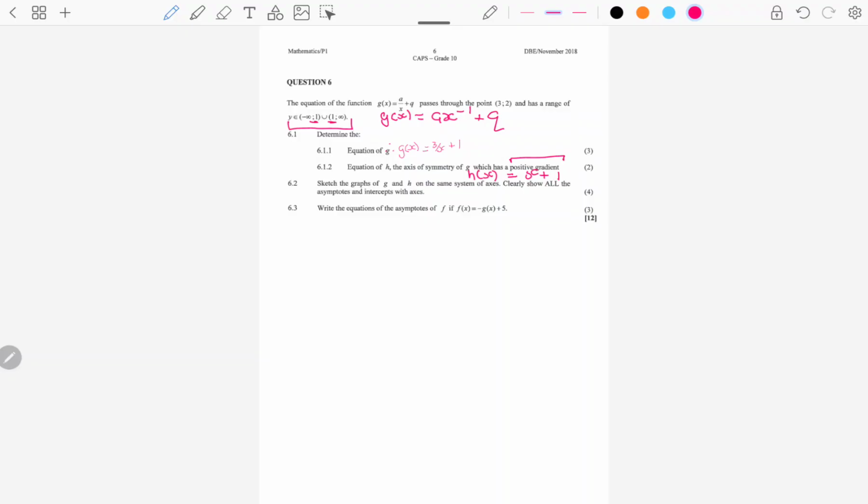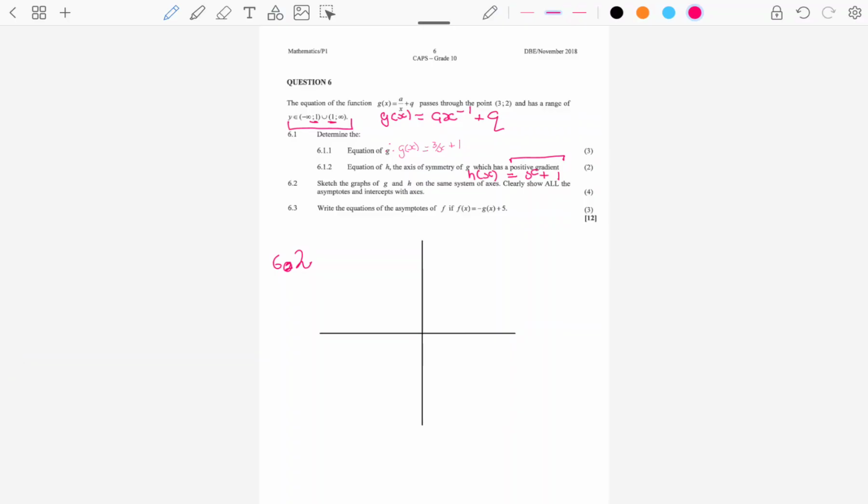Now 6.2 wants us to sketch the graphs of g and h on the same axes, clearly showing all the asymptotes and intercepts. So that'll be our y-axis, and this will be our x-axis.